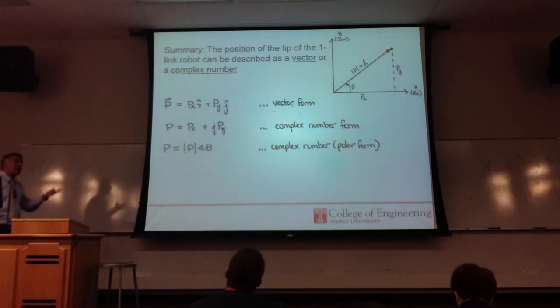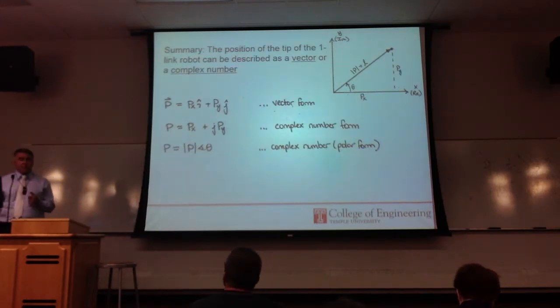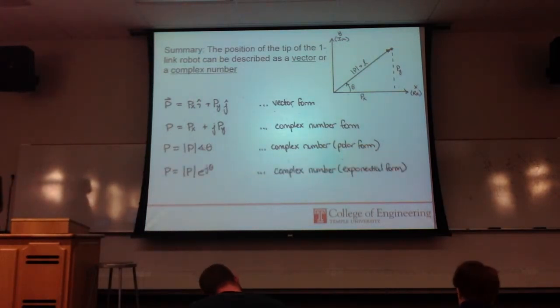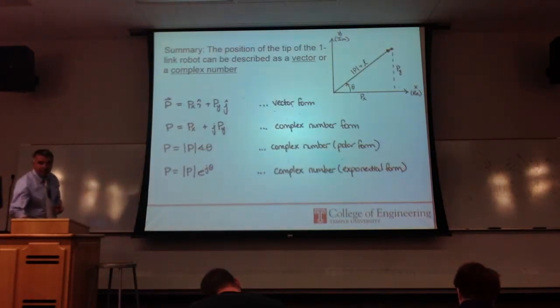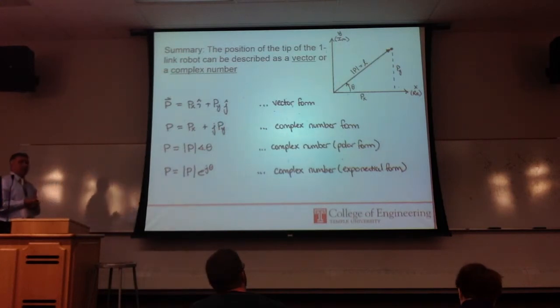And then finally, we want to use it in an exponential form. What would that be? What was the exponential form? There you go. So the same vector is now shown in 4 different ways.